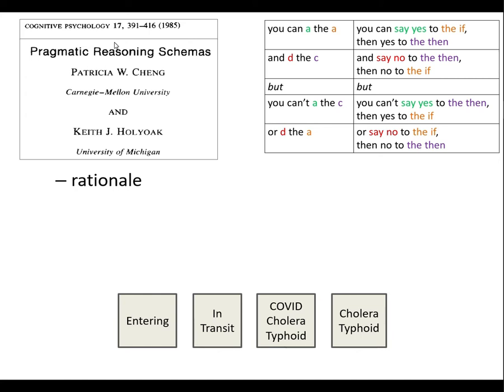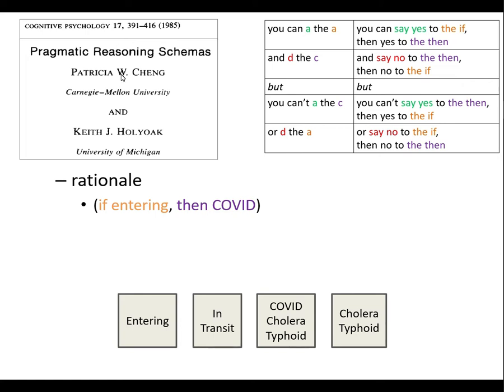You have to make sure that if the form says entering on one side, then the other side includes COVID among the list of diseases. Which of the following forms or cards would you have to turn over to check? Indicate only the two that you need to check to be sure.